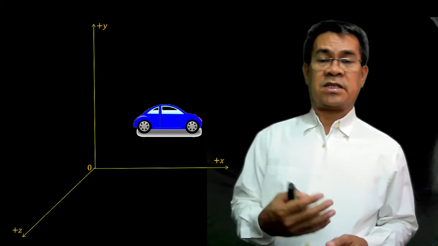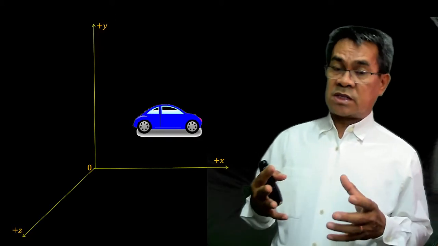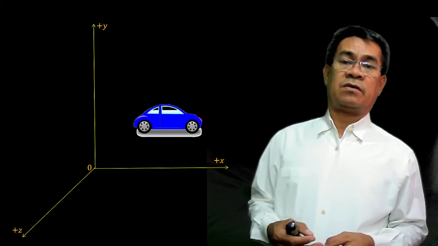Now, consider a particle that is moving. Let us say a car moving in space. If we want to describe the motion of this particle, all we need to do is to provide a reference point, because we cannot describe the motion of the particle without a reference point.